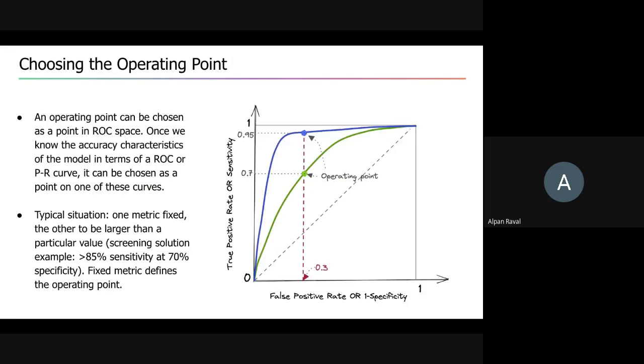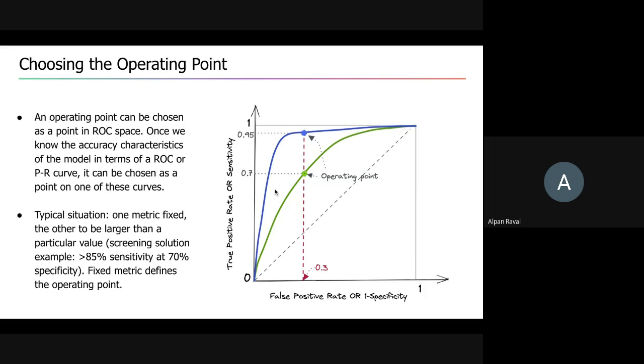Now let's discuss how the operating point is chosen. If you remember from last time's discussion, an operating point is equivalent to choosing some point in ROC space. Once we know the accuracy characteristics of the model in terms of the ROC curve or PR curve, choosing an operating point means choosing a point on one of these curves.